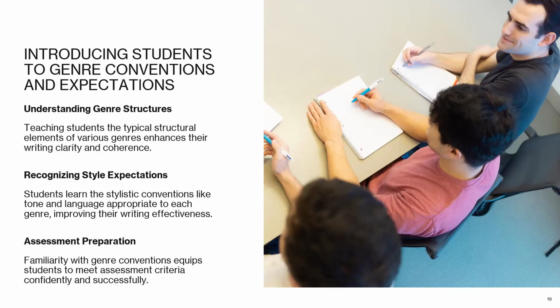This ensures that their grade is a reflection of their writing ability, not their knowledge of unstated rules. So here's what you should do. If you work on certain genres in class, only assess on those genres.